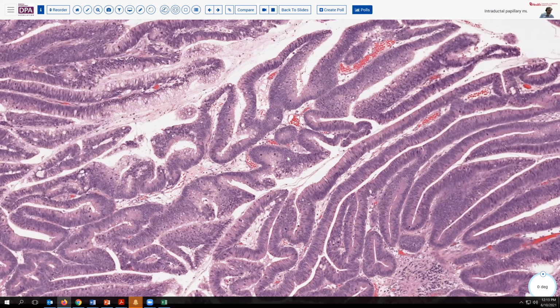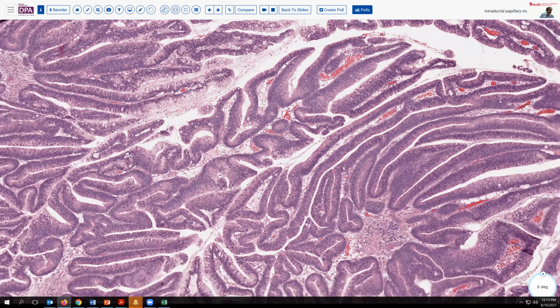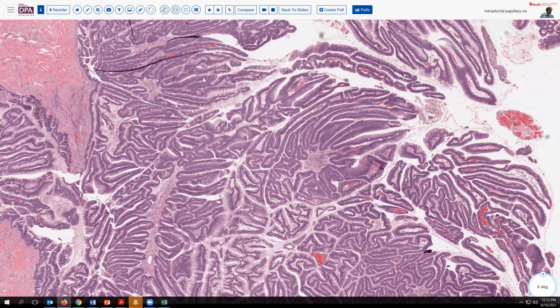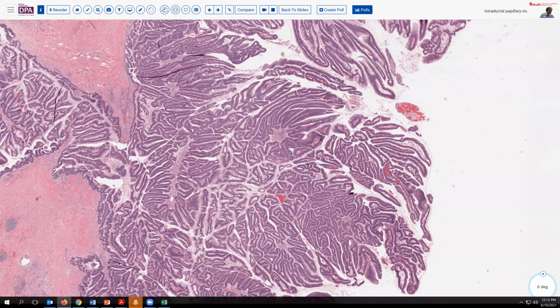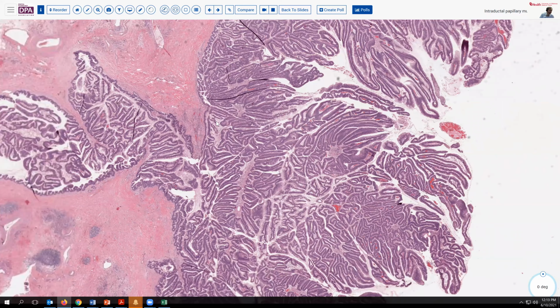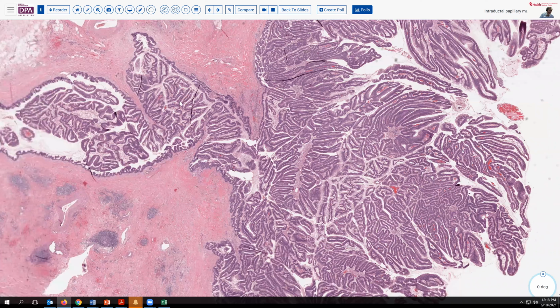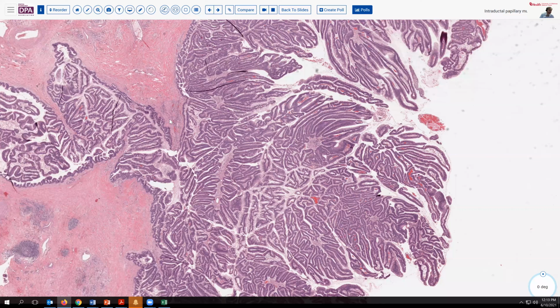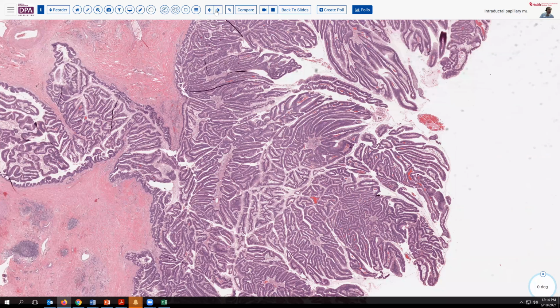So it begins to look like a PanIN 3 rather than a PanIN 1 or something like that, in terms of the degree of dysplasia that we're seeing. And then, of course, with this type of lesion, you want to make sure that you're going to be able to exclude invasive neoplasia. Now, I cheated a little bit. I think this is not actually from within the liver, but I wanted you to be reminded of the morphology that is to be expected with the IPMN type of lesion.